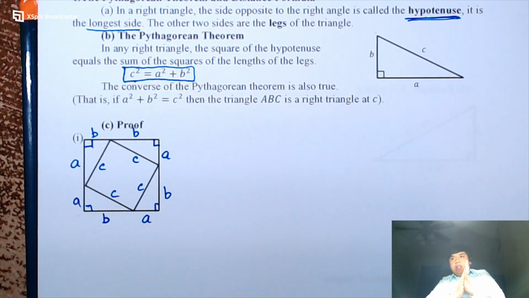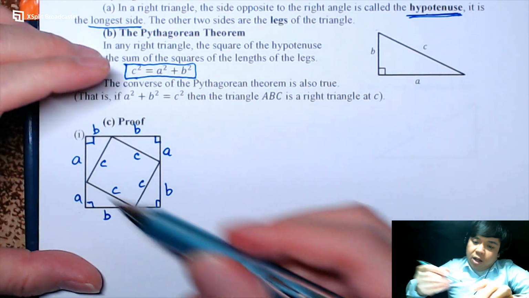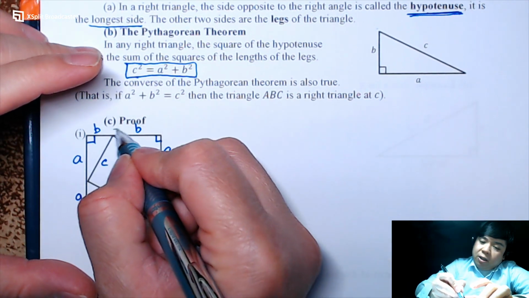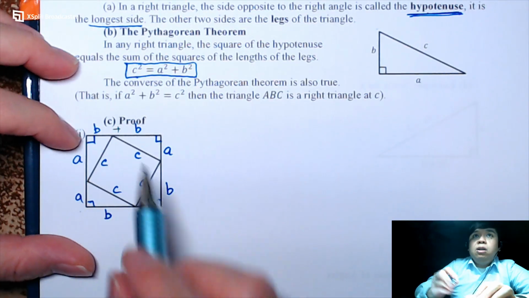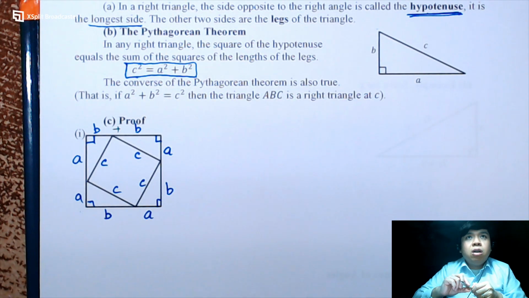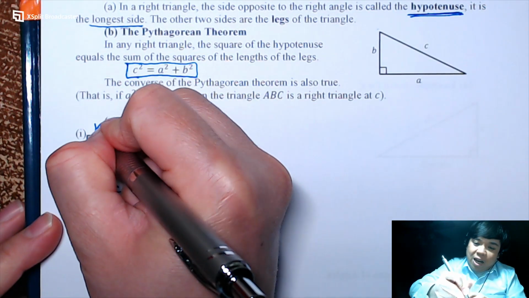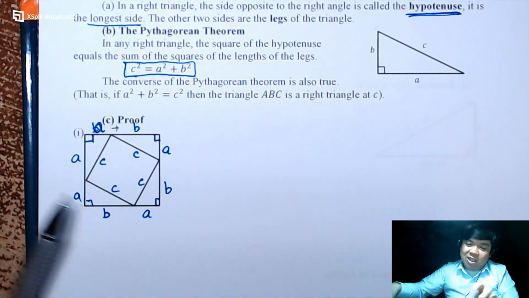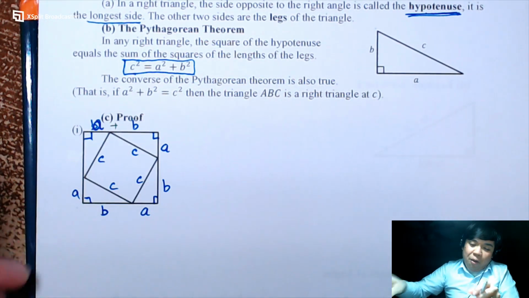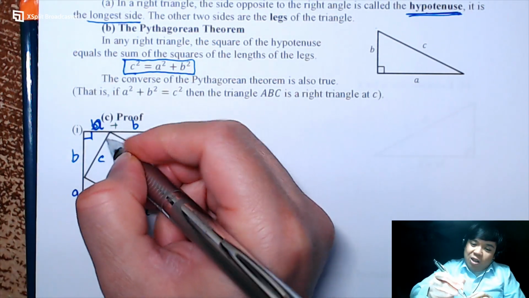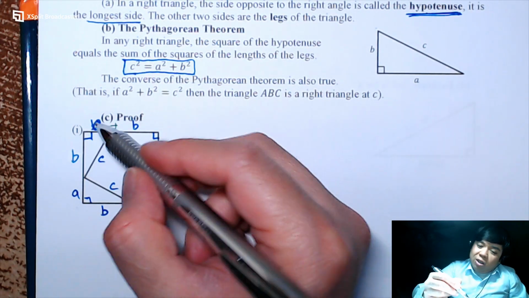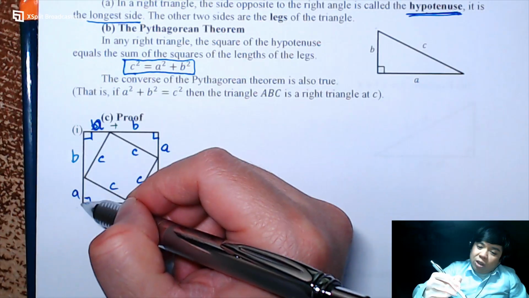Now let's calculate the area of the big square. Sorry. Oh, shoot. Okay, let's change. A is the shortest side. B is the longer side. So shortest, longer, shortest, longer, shortest, longer, shortest, longer.